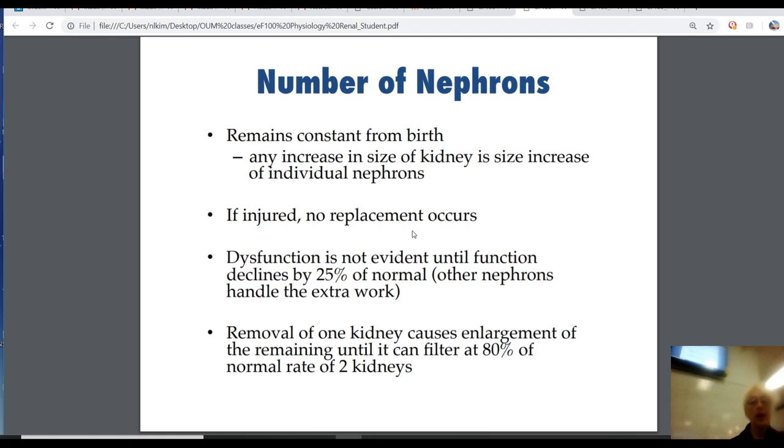They can't regenerate. Interestingly enough, brain cells can regenerate, and you can make new brain cells, but unfortunately not with nephrons. I'm not sure what type of research is being done at the stem cell level with regard to growing nephrons. That may be a viable option for people with renal failure.